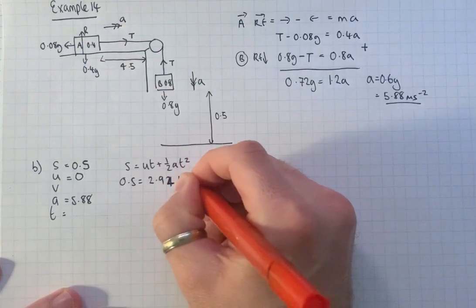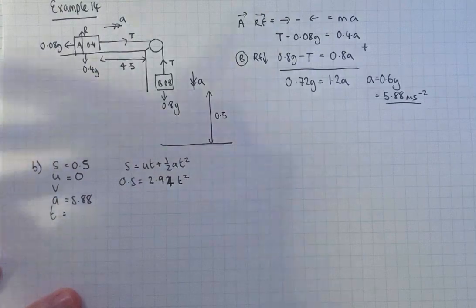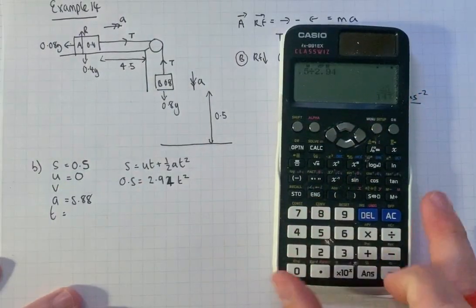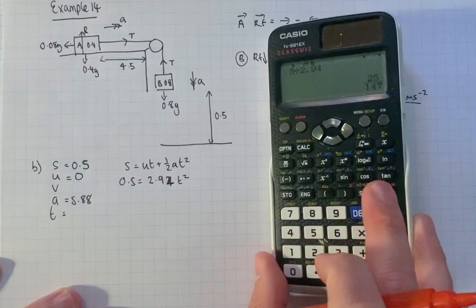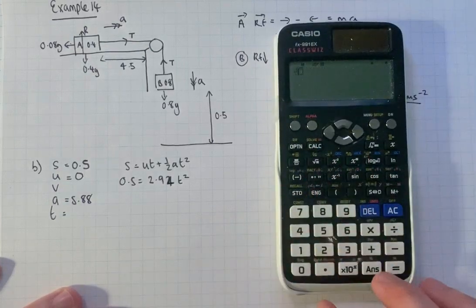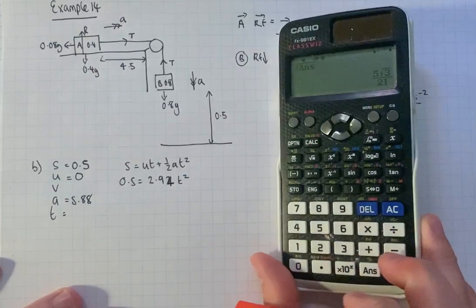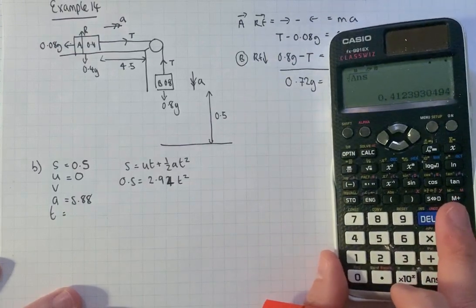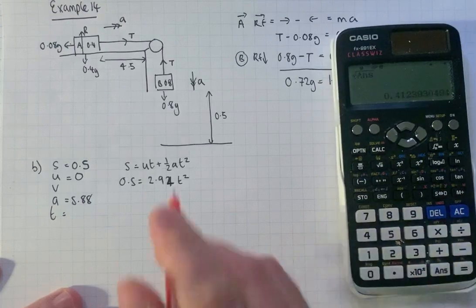Times t squared. So if we do a half, divide by 2.94, that's t squared. So square rooted, obviously only taking the positive answer because it's time. 0.412.